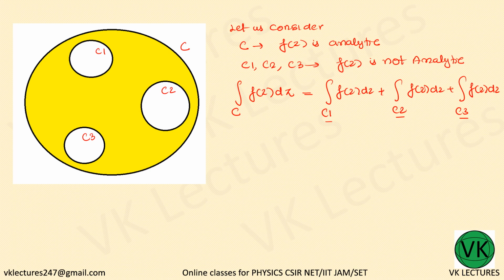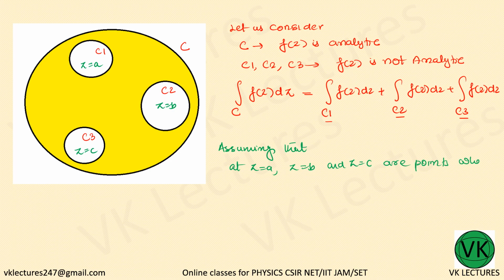Now let us give the terms here. Let it be z equal to a, z equal to b and z equal to c, assuming that z equal to a, z equal to b and z equal to c are points where the function f of z is not analytic.